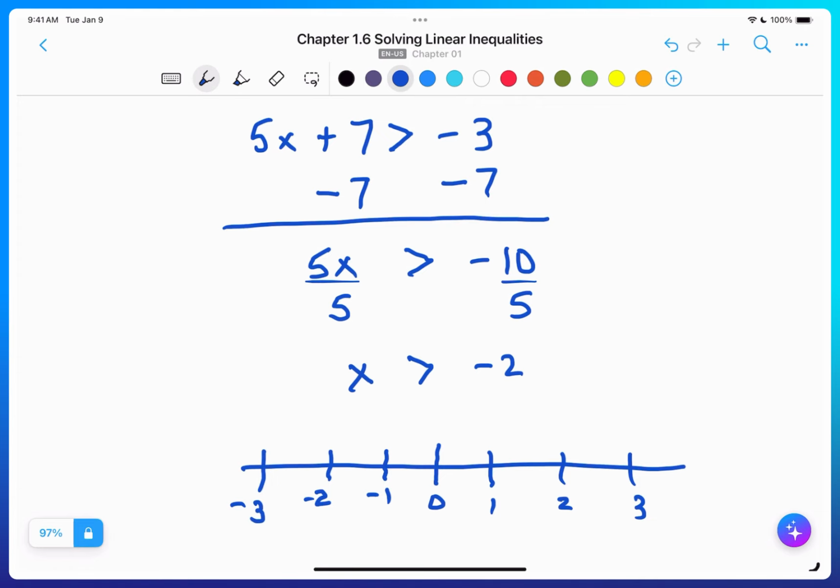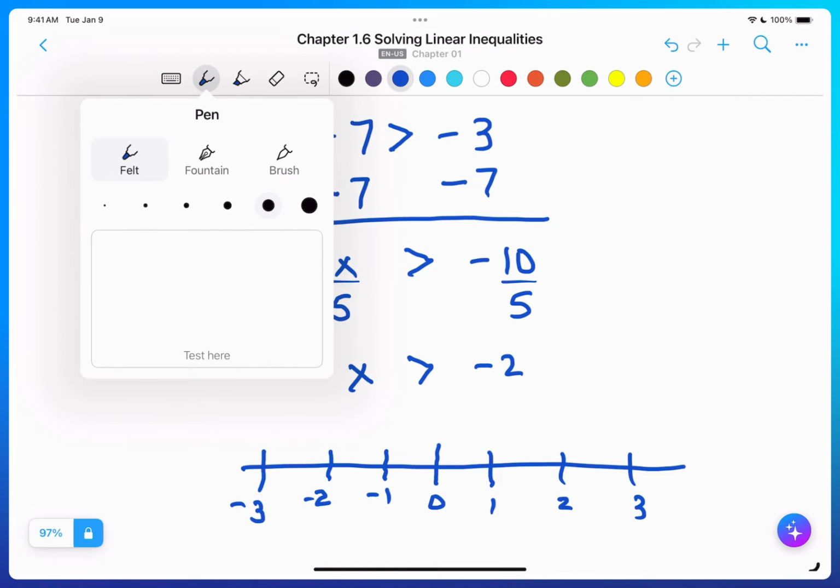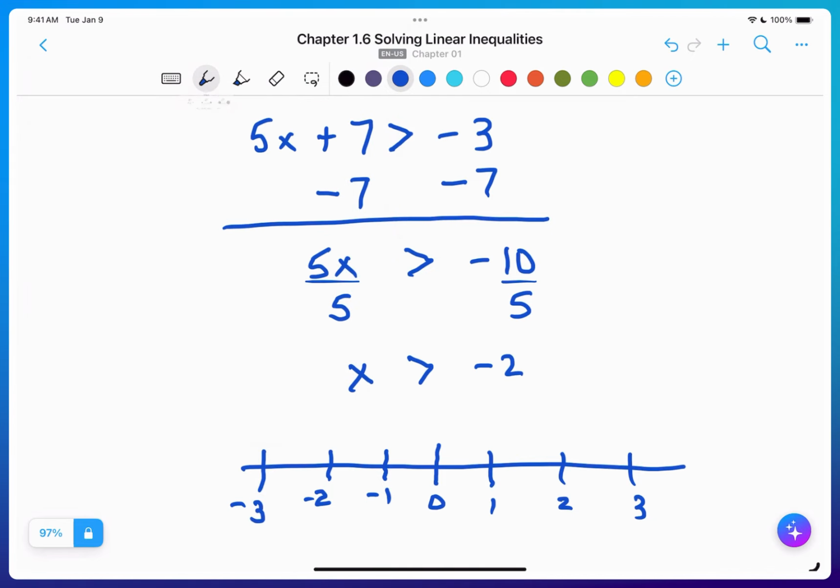Now, here's the thing about greater than. When you have a greater than symbol, you're going to draw an open circle on the number line.